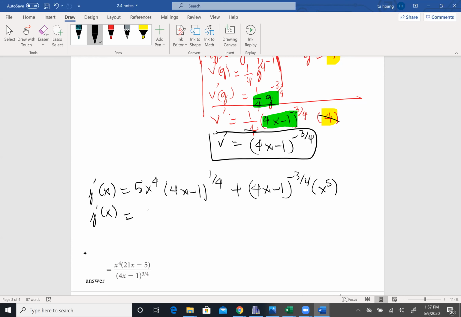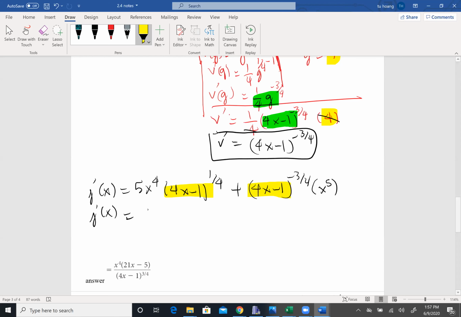In order to do this one, you need to know that there is a common factor between this big term, but you need to factor out the term that has the lowest power. Okay, you need to factor out the term with the lowest power.